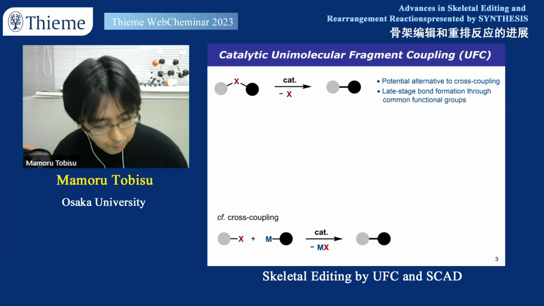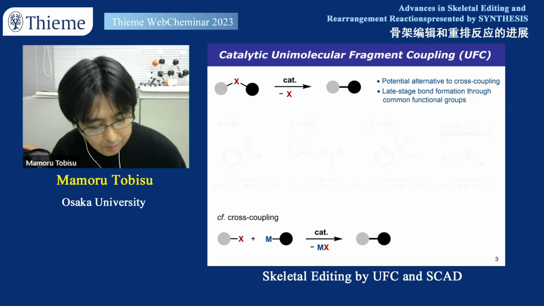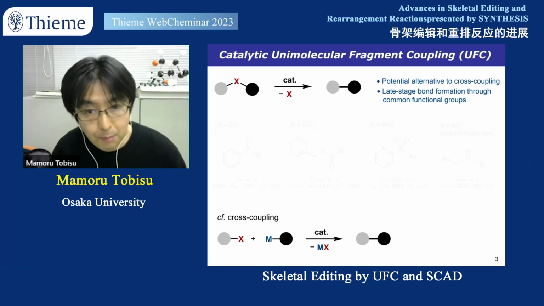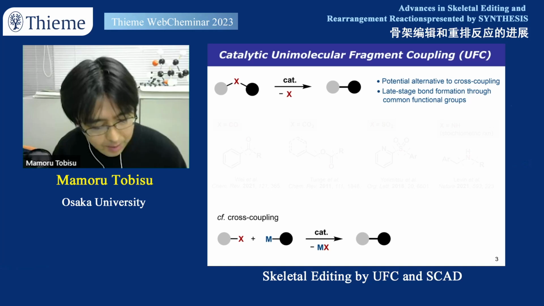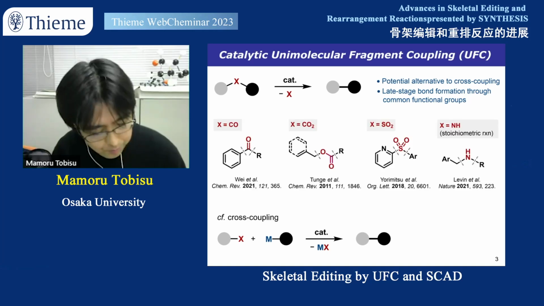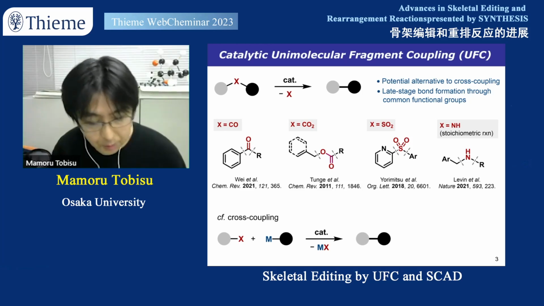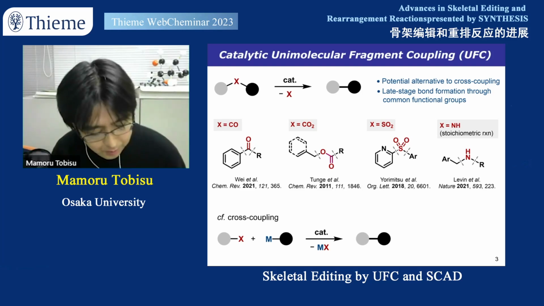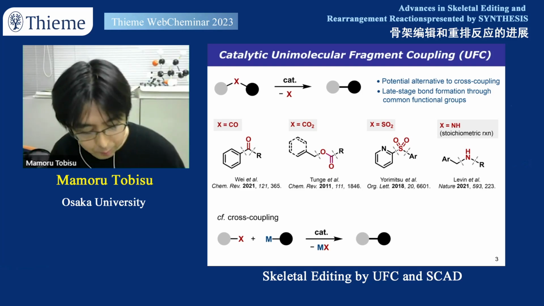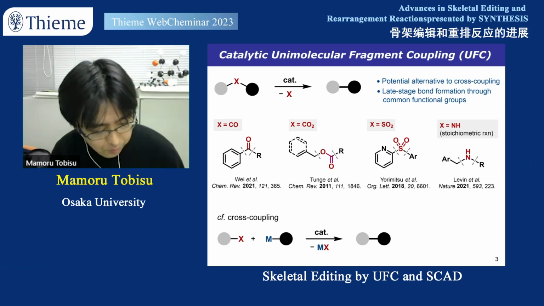For example, decarbonylation of carbonyl compounds or decarboxylation of esters are typical examples of UFC. In addition to CO and CO2, elimination of SO2 can also be used for catalytic UFC. And deletion of nitrogen from secondary amines, which was developed by Mark, is also an example of UFC.